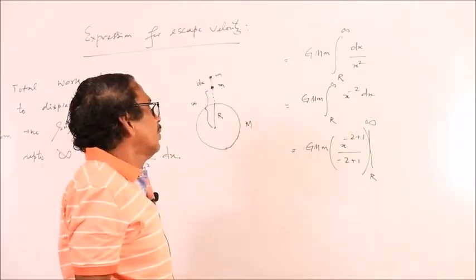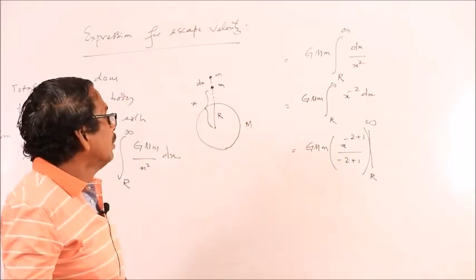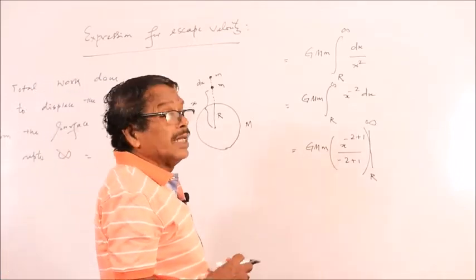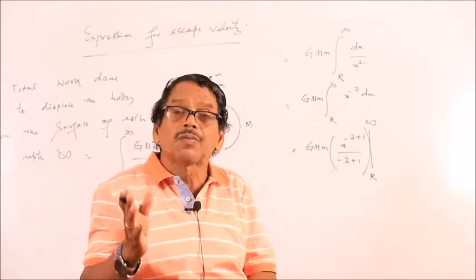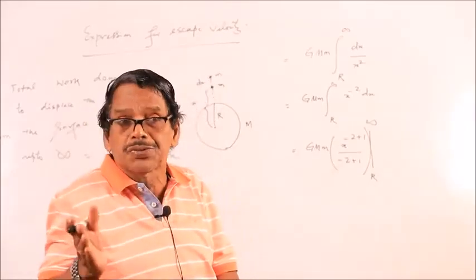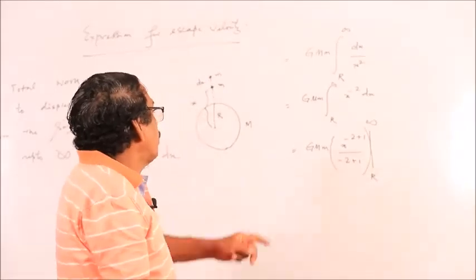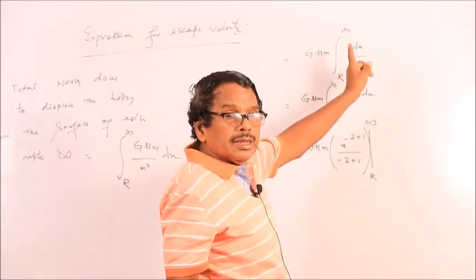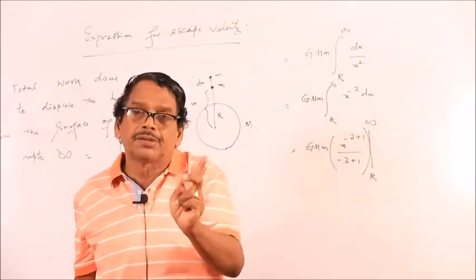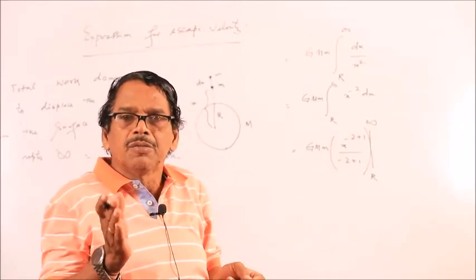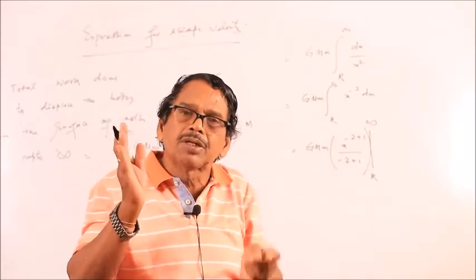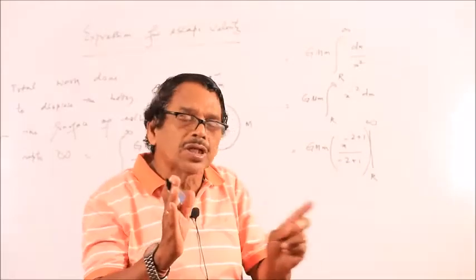The formula gives x to the power n plus 1 by n plus 1 plus a constant of integration. But in this case, there will be no constant of integration because the integration is made with a definite limit. When there is no definite limit, there will be a constant of integration, but since here the integration is made with a definite limit, there is no constant of integration.